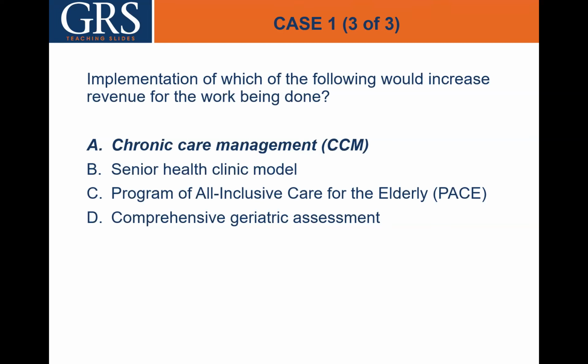In the other models, B, C, and D, they all need to recruit new team members. Especially for C, it requires a very comprehensive interprofessional team to take care of the patient, which needs a lot of new assessments for the patient, and it's not cost effective.